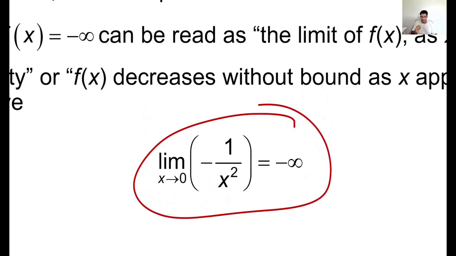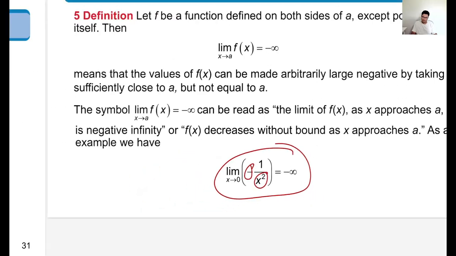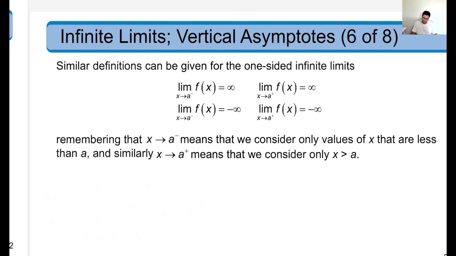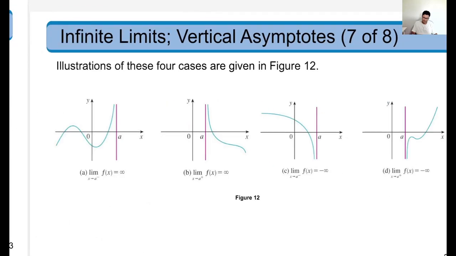You have to understand what goes on here. x squared will be positive whether x approaches from the left or right. So 1 over x squared will be large and positive, but then you put a negative in front of it and it will be large negative now. So it will have that going to negative infinity situation. Other situations are possible, and one-sided limits can be defined. I think it's clear by this time.